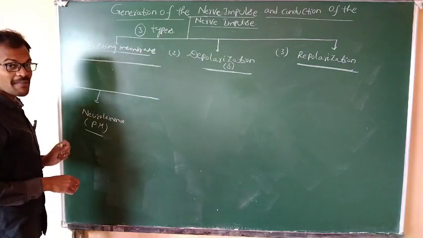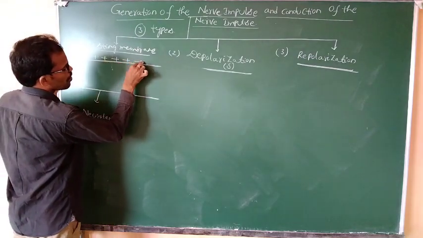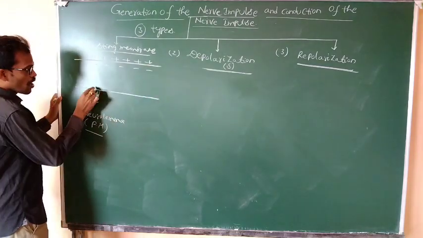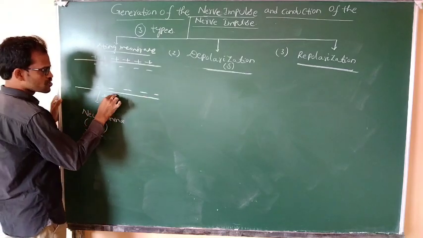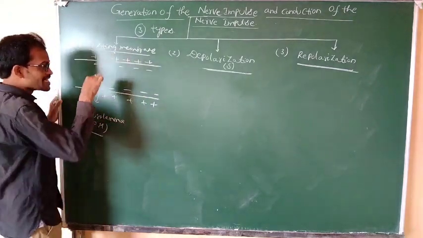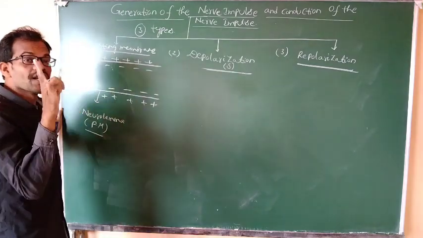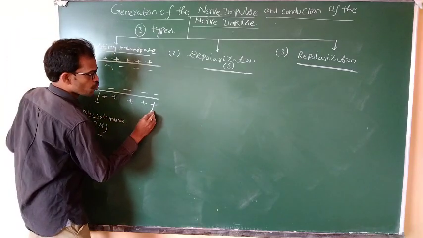Resting membrane means outside is always positive charge, inside is always negative charge. The negative charge is maintained by the negatively charged proteins, and the positive charge is maintained by the sodium.